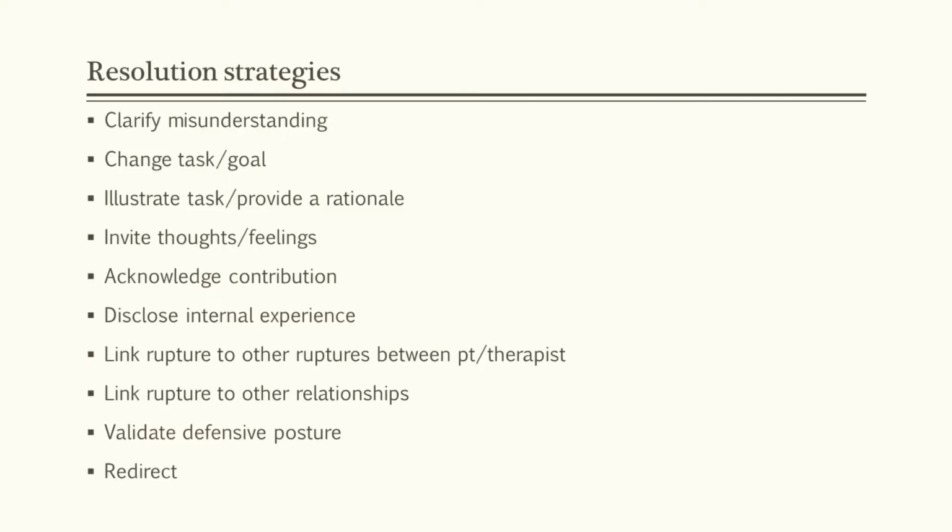Illustrate task or provide a rationale is the next one. This is when something's not working and the therapist may explain the task better, or give a rationale for what the therapist is doing, in the hopes that if the patient better understands what's going on, then they'll be more willing to engage in it.